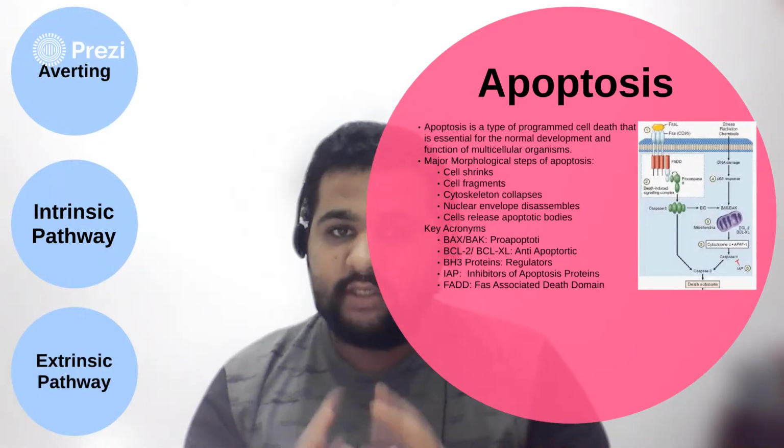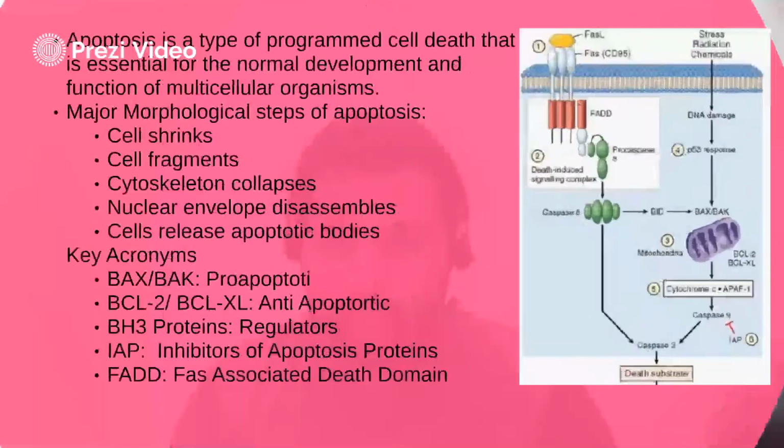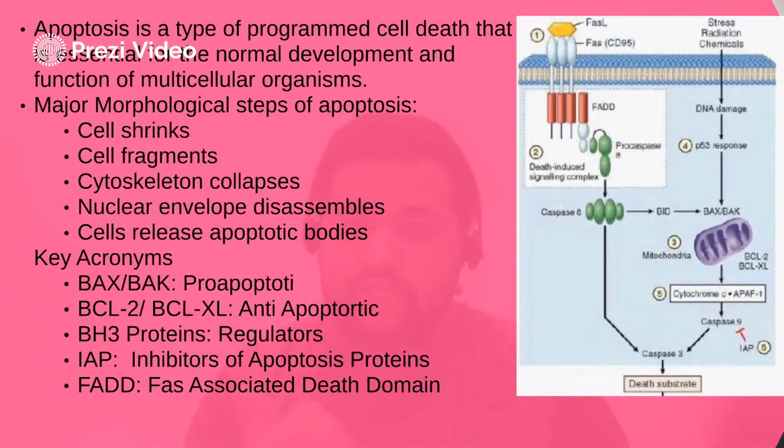There are some major morphological steps of apoptosis: cell shrinkage, cell fragmentation, cytoskeleton collapse, nuclear envelope disassembly, and the cell releases apoptotic bodies. This right here is a flow chart diagram of the signaling molecules involved in apoptosis.